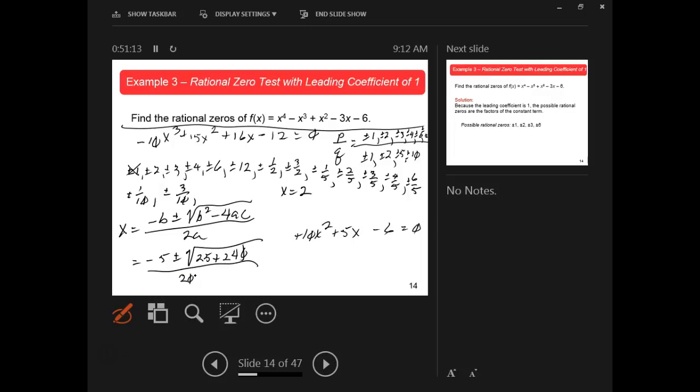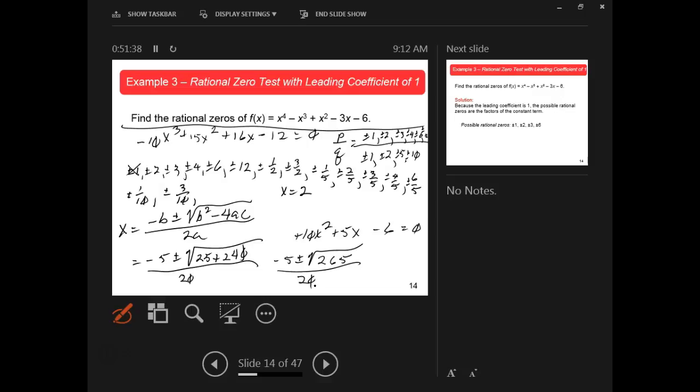All right, we got some work ahead of us here, okay? Minus 5 plus or minus the square root of, what's 25 plus 240? 265 divided by 20. Now, someone with a calculator, see if 265 is a perfect square. I think not.